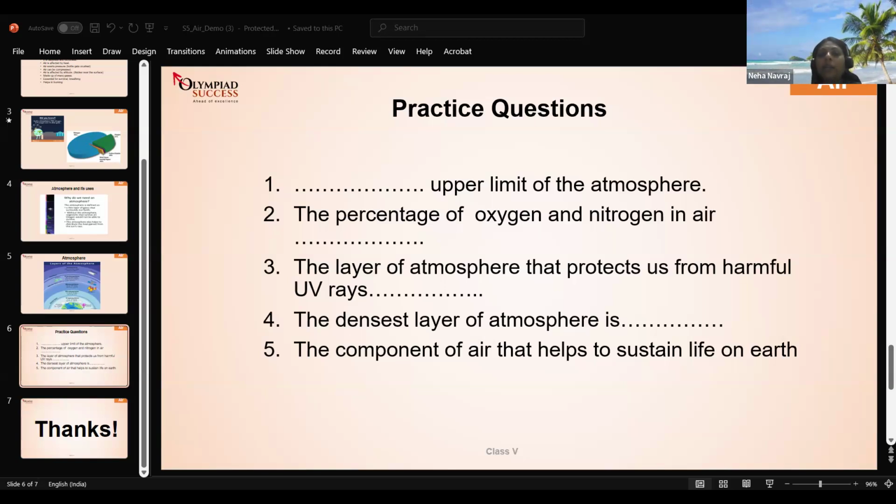Coming to the next, the densest layer of the atmosphere is? The troposphere. Yes, very good. And coming to the last, the component of air that helps us to sustain life on Earth? Oxygen. Yes, it's oxygen.